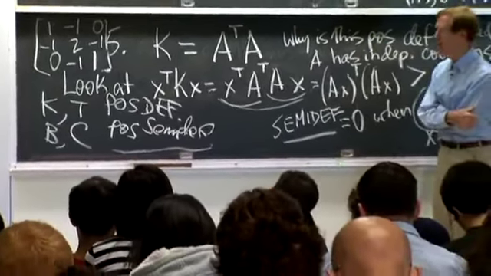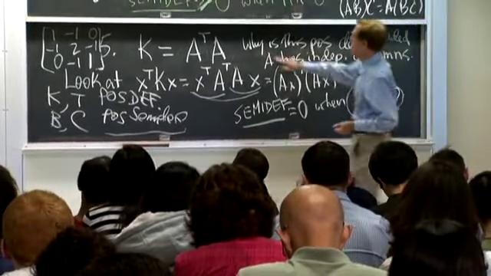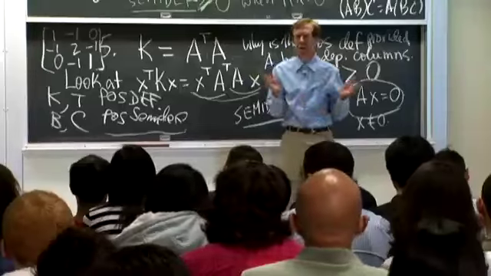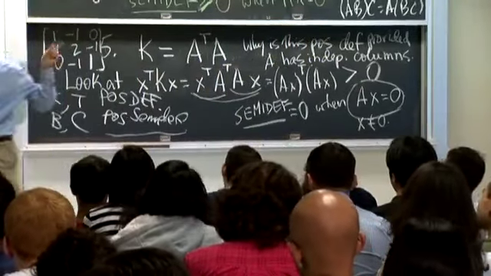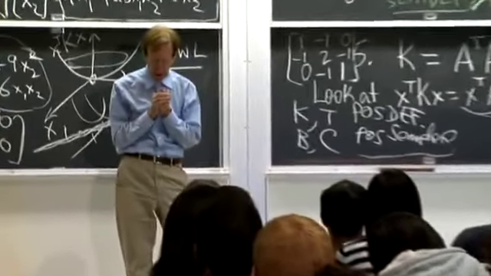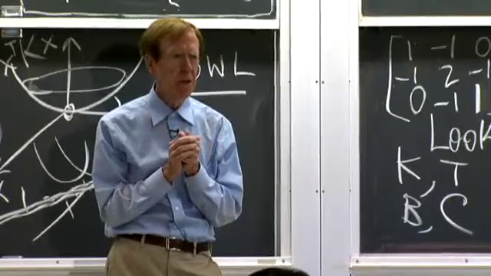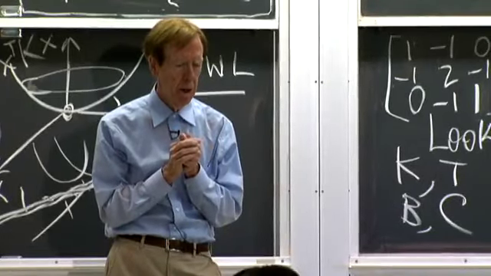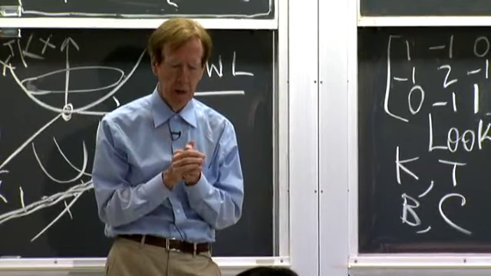Well, talking fast here about positive definite matrices. This is the key. Let's just ask a few questions about positive definite matrices as a way to practice. Suppose I have one, positive definite. What about its inverse? Is that positive definite or not?